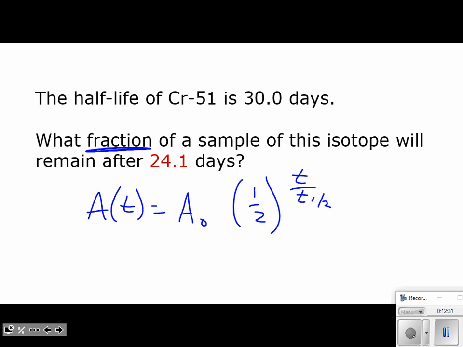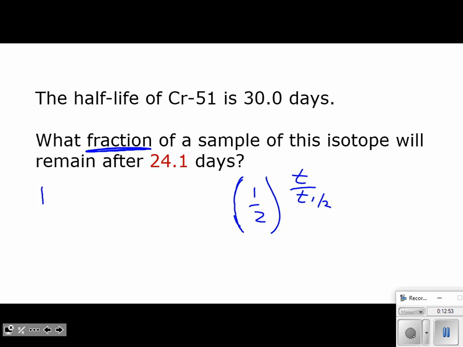All right, nonetheless, we need to go after this just like the previous example, just taking this part of it: 1/2 to the t over the half-life.